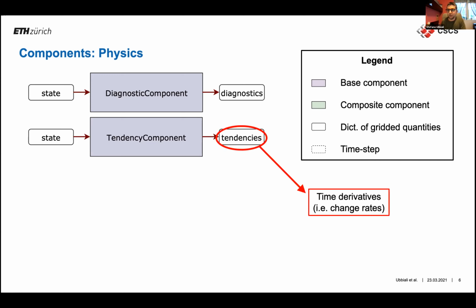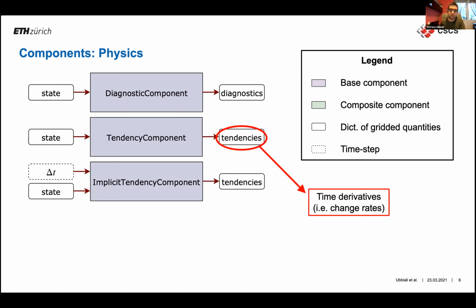That means some time derivatives for the state variables. And we also have a variant of the tendency component, which can also accept the time step delta t as input, for instance, for some timescale dependent computation.